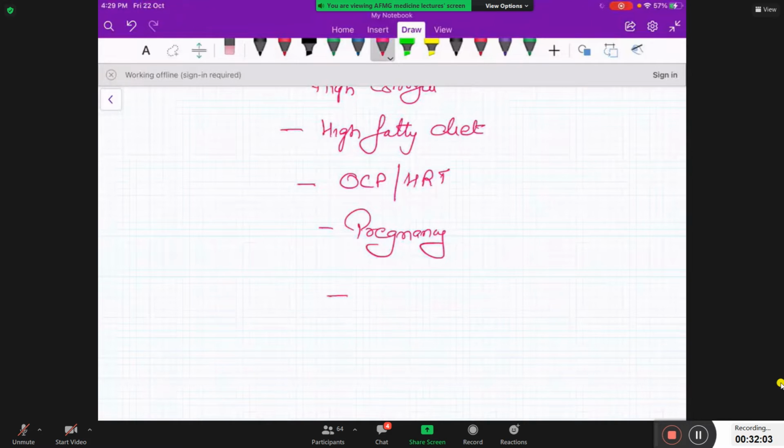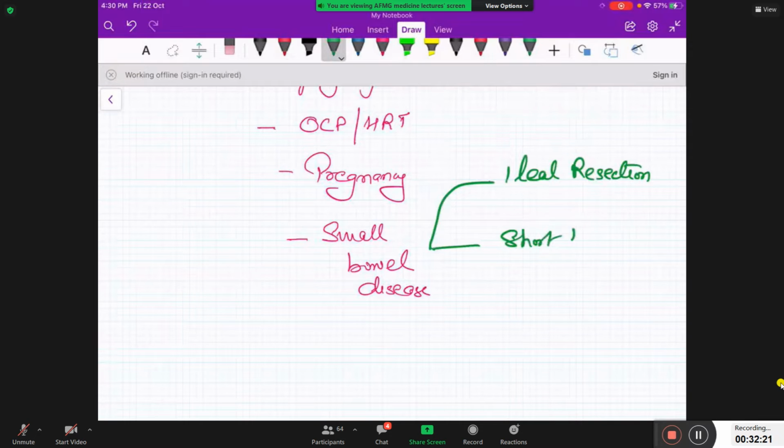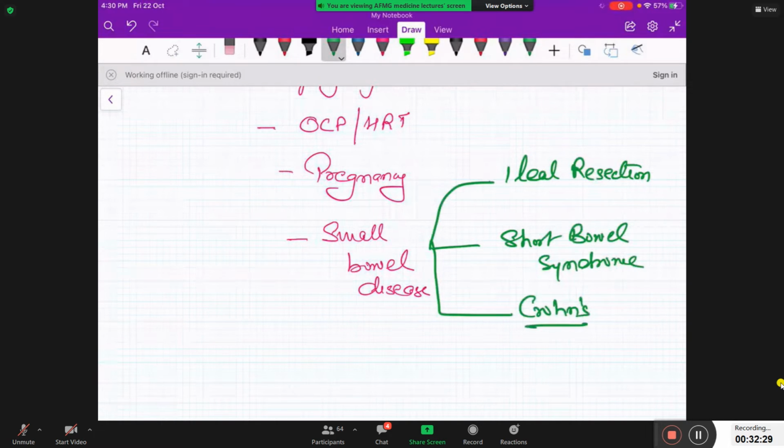Then, very important to note, small bowel diseases like ileal resection, short bowel syndrome, or even Crohn's disease carry a risk.